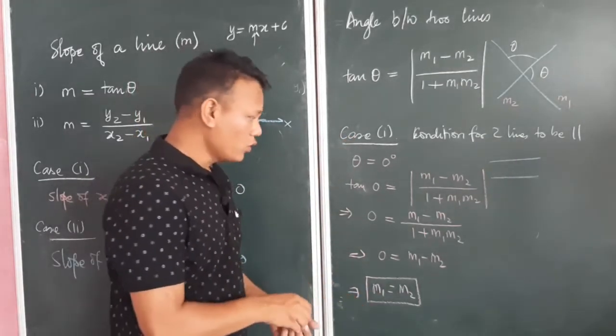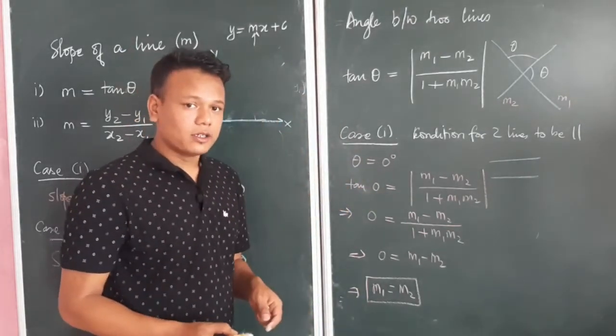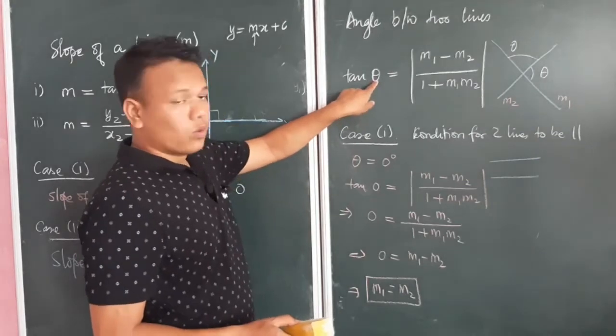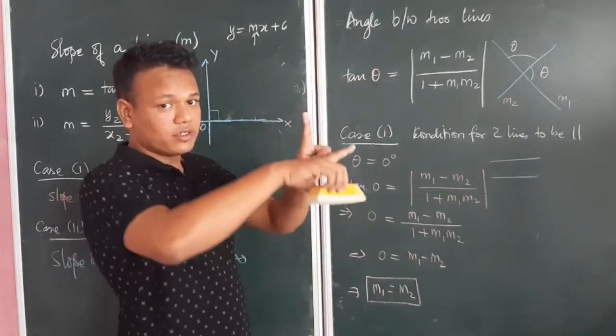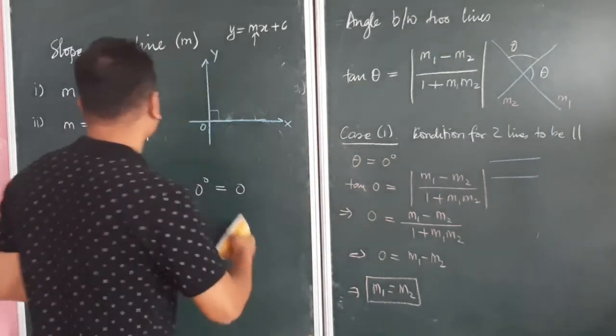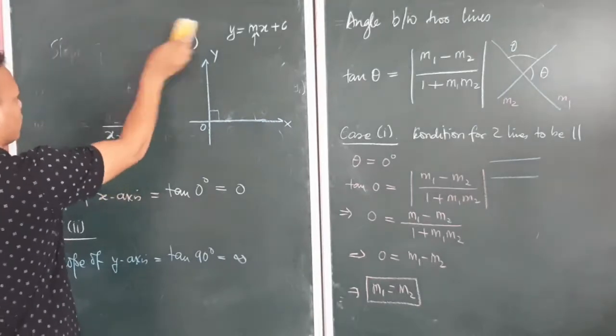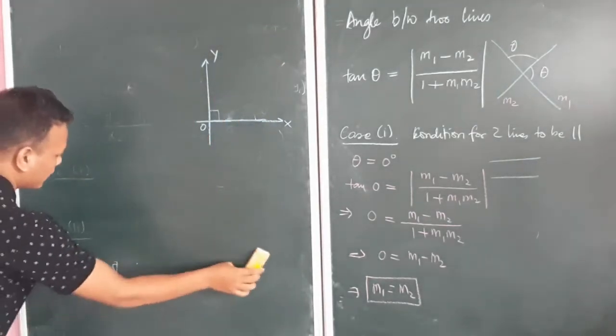Now similarly, I want you to find the condition for two lines to be perpendicular. That means, what happens if theta equals 90 degrees? The angle of intersection between two lines has to be 90 degrees if they are perpendicular to each other. Let me do it for you. I don't know whether you will be able to do this or not. I'll just show you quickly here.